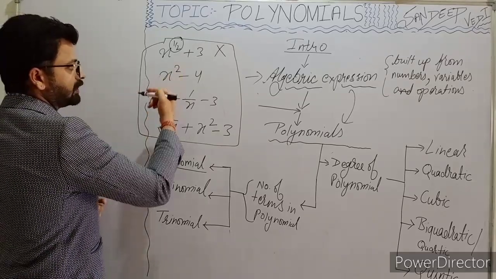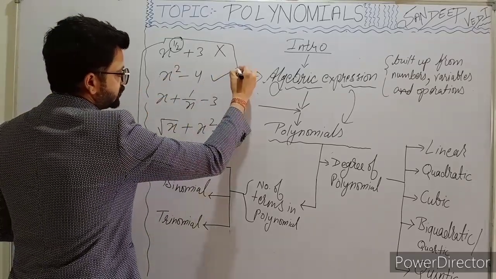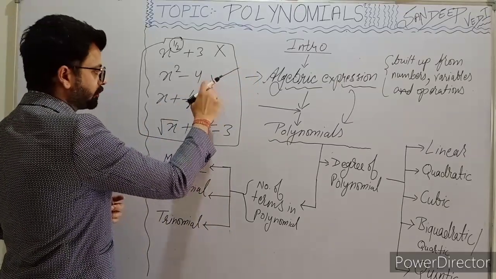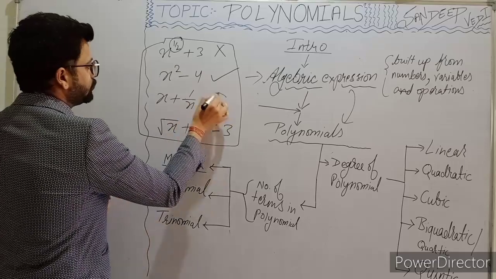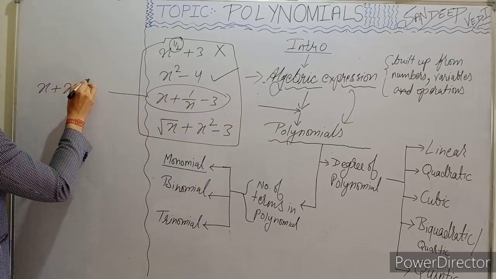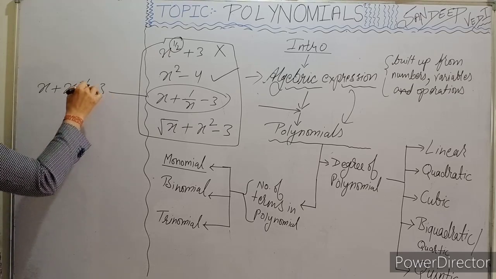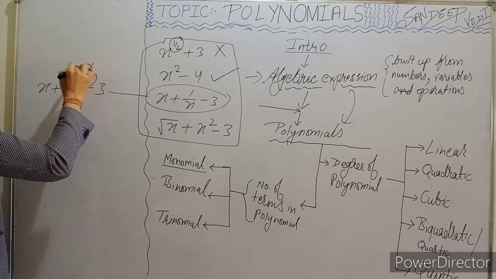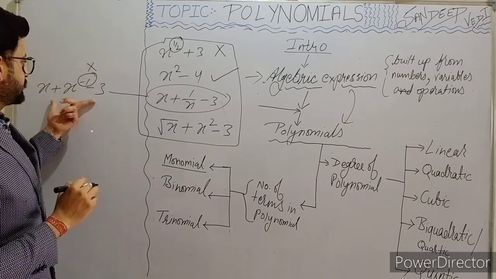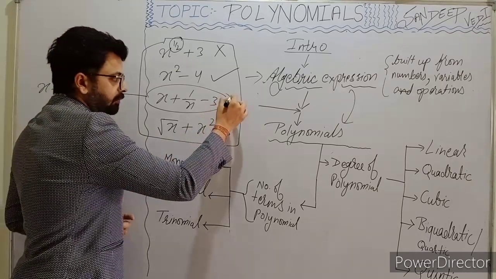Here the power of variable is a whole number, so this is an algebraic expression and this is also a polynomial. But here if you simplify this, then x plus x raised to the power minus 1 minus 3 will come. Here power is not a whole number, that's why this algebraic expression is not a polynomial.